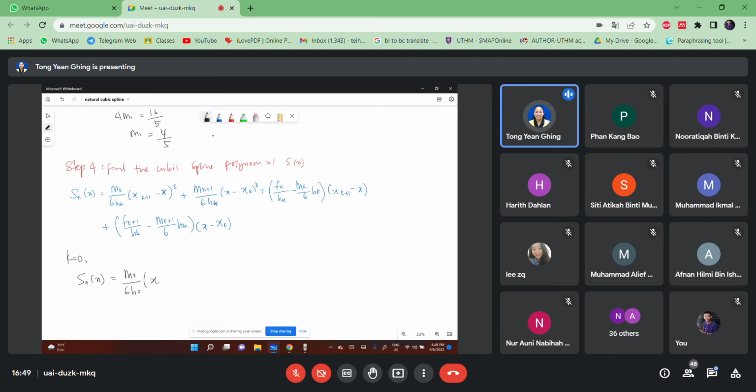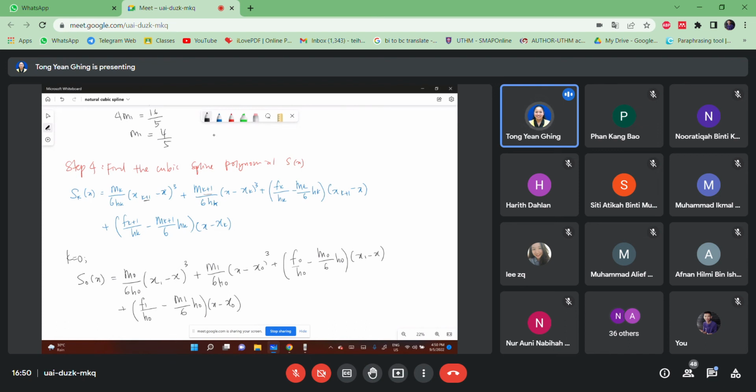So this one becomes (x1 minus x) power of 3, plus M1 divided by 6 h0 times (x minus x0) power of 3, plus (f0 over h0 minus M0 times h0 over 6) times (x1 minus x), and then plus (f1 over h0 minus M1 times h0 over 6) times (x minus x0). Okay? Everybody okay?